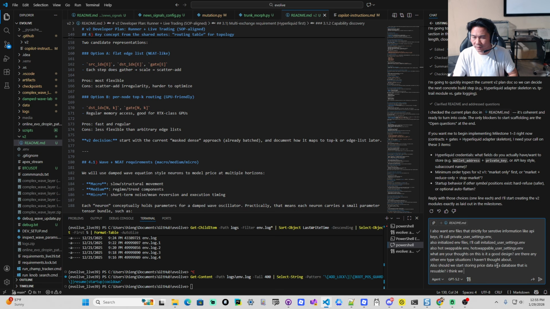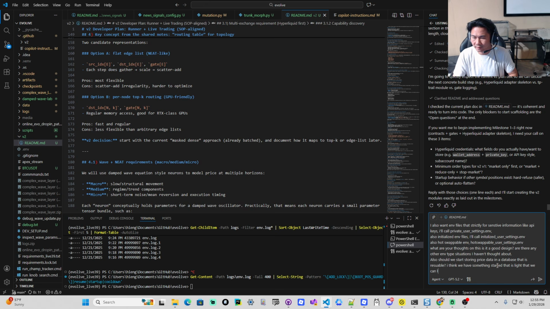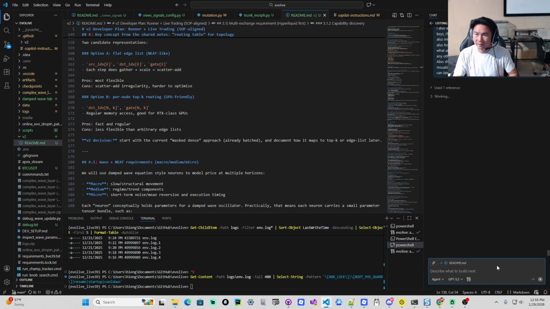I think we have something light that we can later turn into a database. It gets really large. Alright, so we're going to see what it says. That way it gives us an idea, and then we're going to add that to the readme before we program.